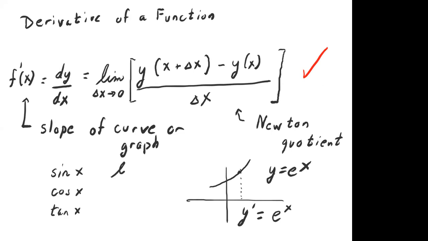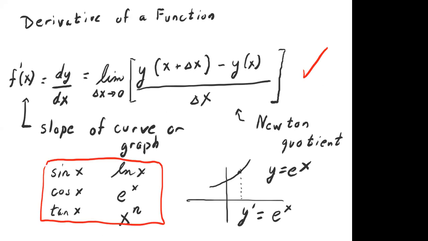And here are some of them, as well as powers of n. These obey very nice, simple rules that allow you to avoid actually writing down a Newton quotient and taking its limit. So what about functions of several variables?